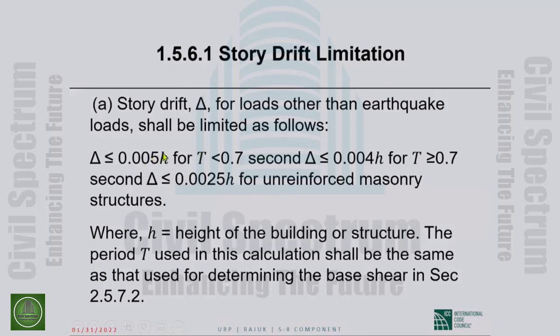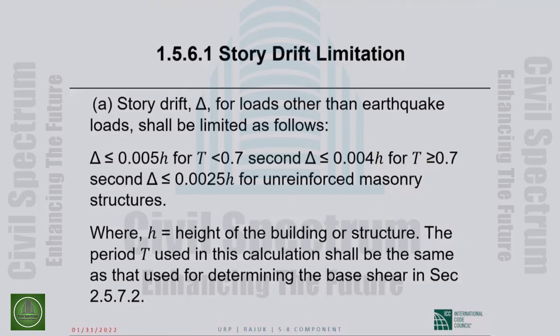So 0.5% of H total height for period less than 0.7 of a second, or the interstory drift less than or equal to 0.4% of the total height for the more flexible buildings, period exceeding 0.7 of a second.